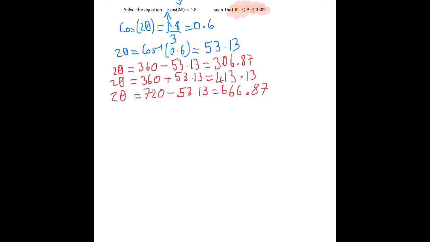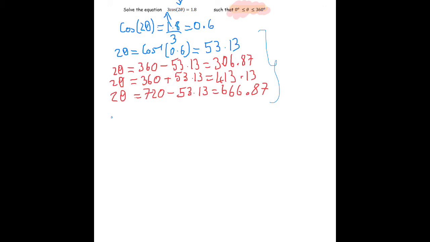So when I divide by 2, or if I did 720 add 53.13, that would be greater than 720. So even when I divided that by 2, it would be larger than 360. So these now then are all of my possible angles for 2 theta.